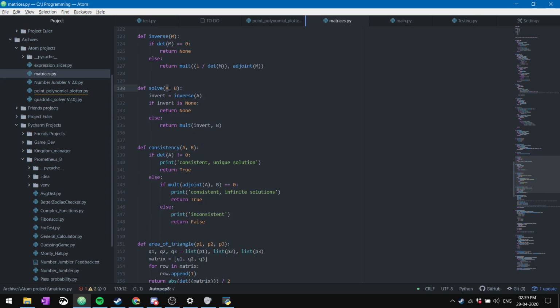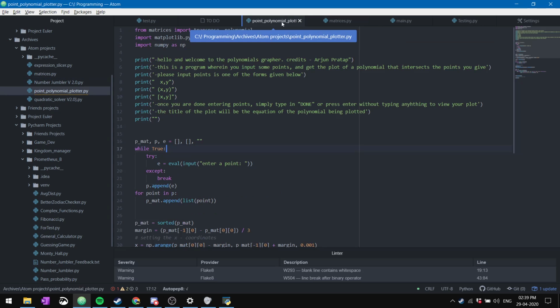But basically you give it a coefficient matrix, like we learned in class. If you have a system of linear equations, you can convert it into a matrix A, times an unknown matrix X full of variables, set equal to a column matrix B, and then you can solve for X using the inverse of A. So then I have code that does that.